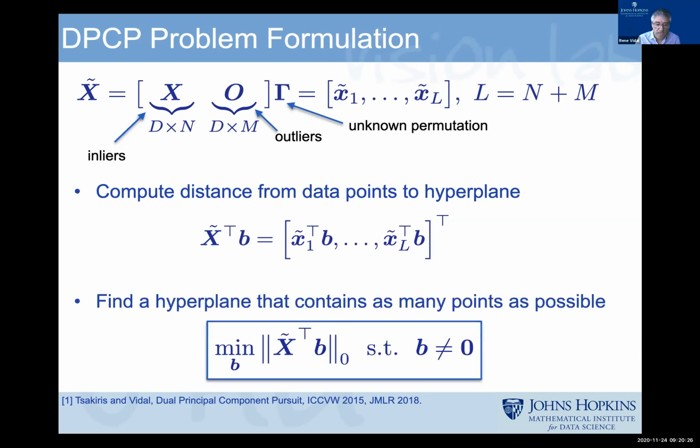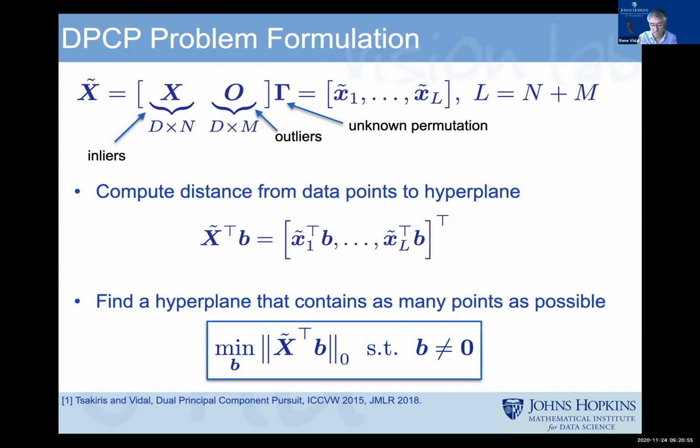And so the natural intuitive formulation is that every time this vector X tilde transpose B is non-zero, if B was the true normal to the subspace, you would have an outlier. And so the L0 norm of that vector is really the number of outliers, at least when B is the true vector.